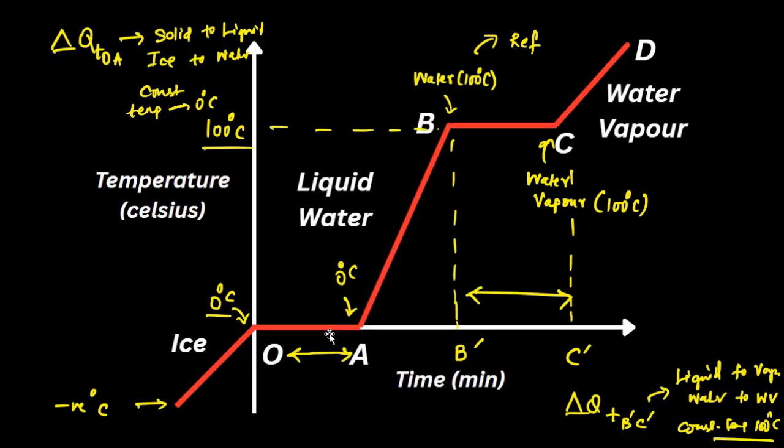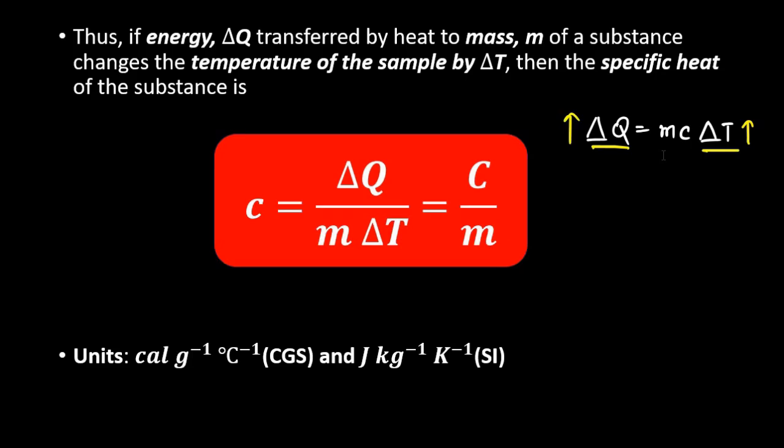I will include it in a special, separate video to discuss this concept in entirety, because it is a very important concept. So here we know that as per the rule of specific heat, any increase in heat will lead to an increase in temperature. Any increase in heat should lead to an increase in temperature.